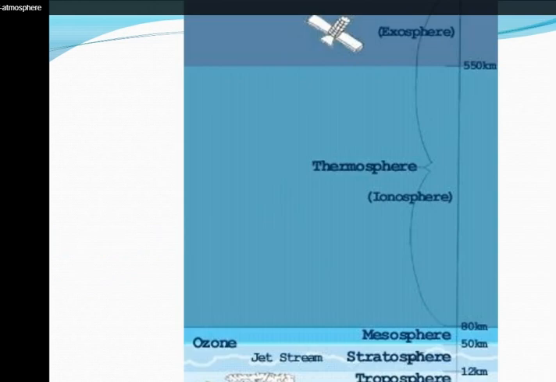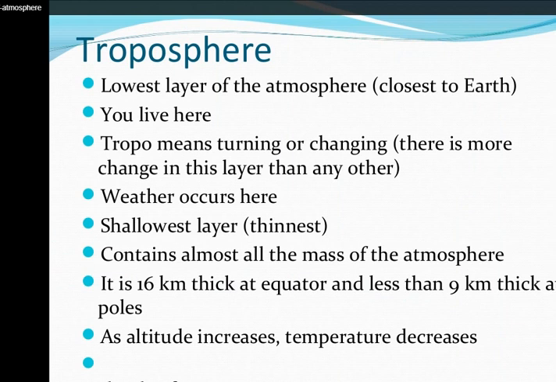Here are the layers. The first one is the troposphere, the lowest layer of the atmosphere, closest to Earth. You live here. Tropo means turning or changing. There is more changing in this layer than any other. Weather occurs here. Very important. Weather occurs where?